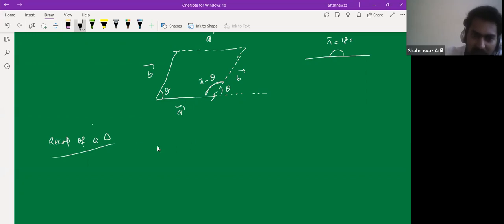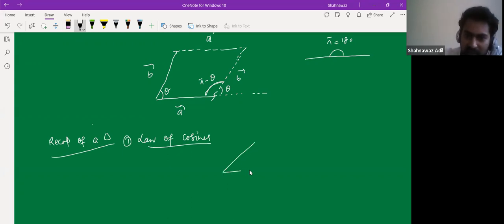One property of a triangle is called the law of cosines. Okay. So in the law of cosines, you are given, let's say this is A, this is alpha, this is B, and opposite to this is beta, and this is C, and you have gamma.